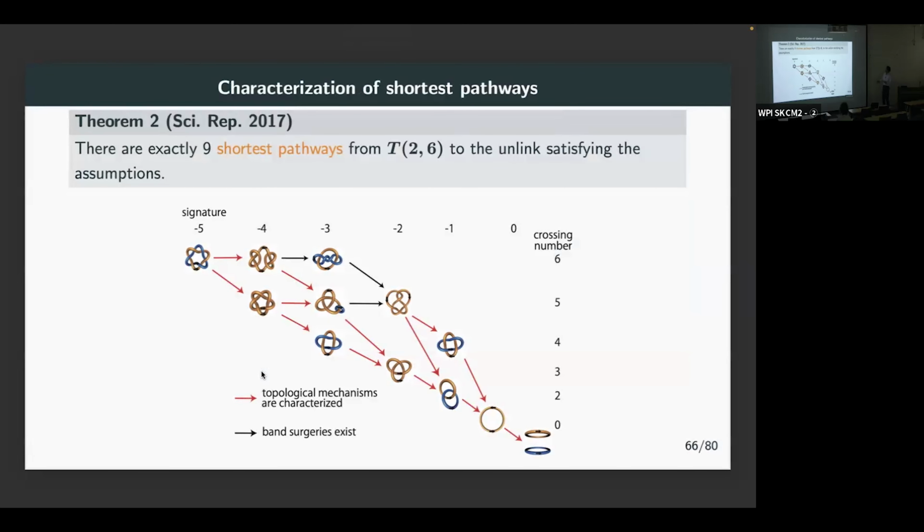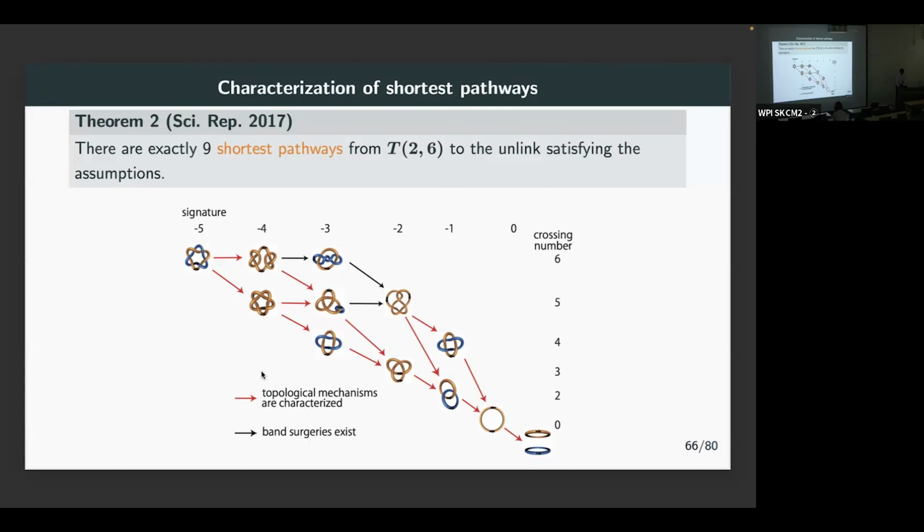Then we can show that there are 9 shortest pathways. We only consider the shortest, which means it will be unlinked in 6 steps. If you consider all the possibilities, actually there are more than thousands of pathways from here to there, even with this assumption, but we can show that only 9 are possible.